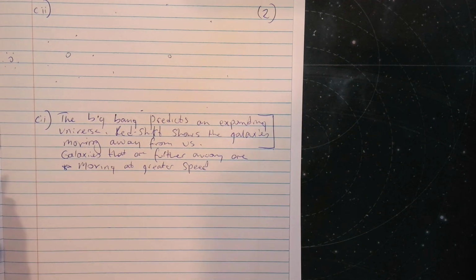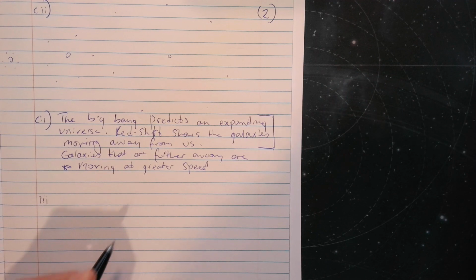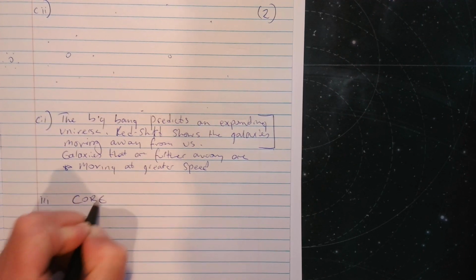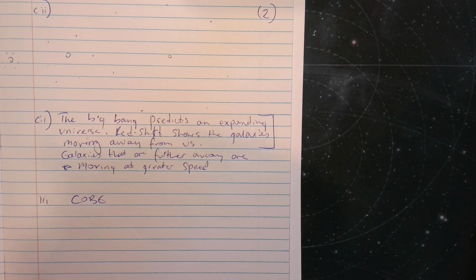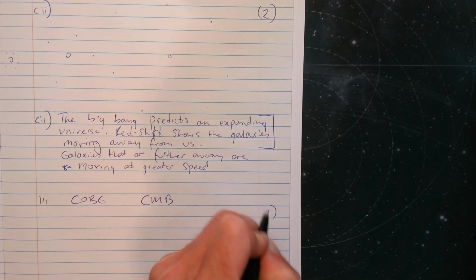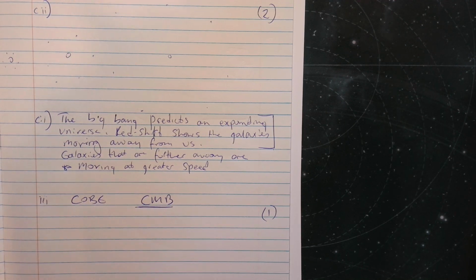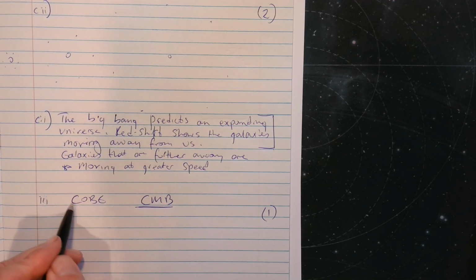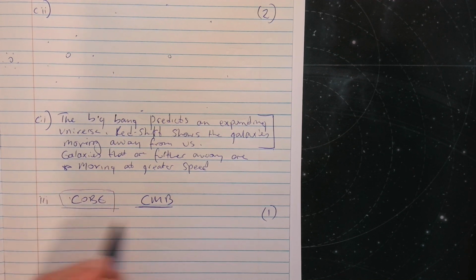All right, part 3. There is a satellite, COBE, that explores, or did explore, radiation in the past, looking at CMB radiation. And the question is simple, a 1 mark question: what does the M stand for? So do you know what the M stands for? This is the Cosmic Background Explorer that's looked at this radiation.